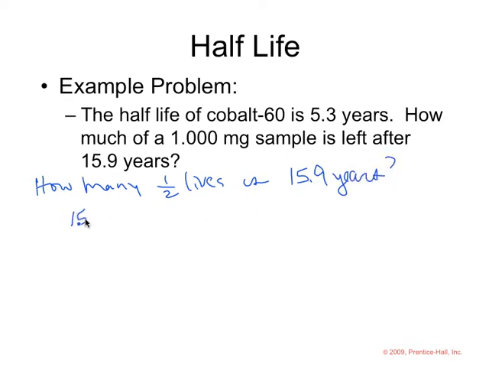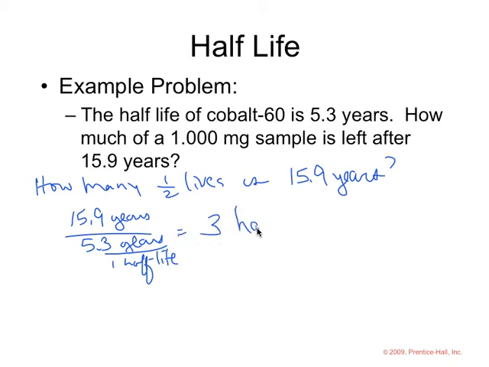Well, 15.9 years divided by 5.3 years in one half-life is 3 half-lives. So, if I start off with a 1 milligram sample, after one half-life I will have this much remaining, half a milligram.